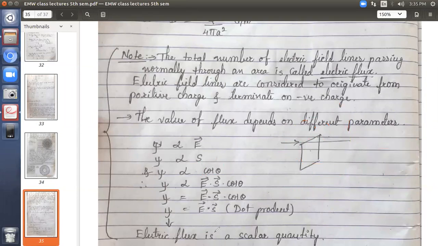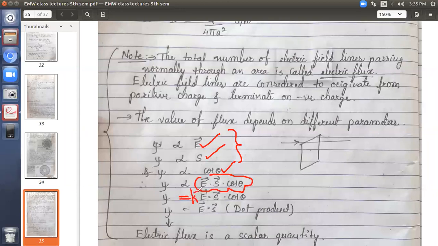So there are three observations. Flux depends on the field, flux depends on the surface area, flux depends on the cos theta. If you club all these three together, I will write E into S into cos theta. And if you remove the proportionality sign and make it equal, some constant k will come.